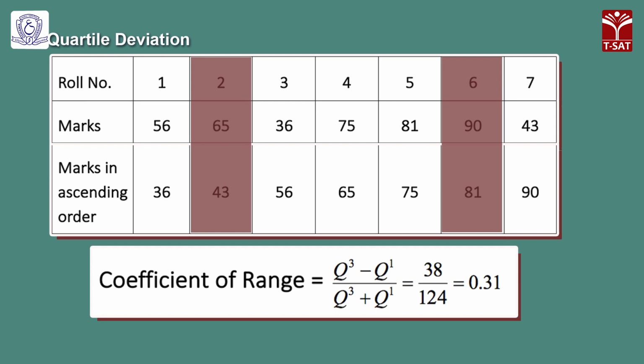It is defined by (Q3 minus Q1) divided by (Q3 plus Q1). So (81 minus 43) divided by (81 plus 43) is equal to 38 divided by 124, which is equal to 0.31. That is the coefficient of range of the scores the students secured in sociology.